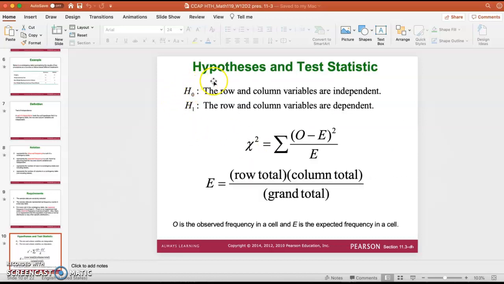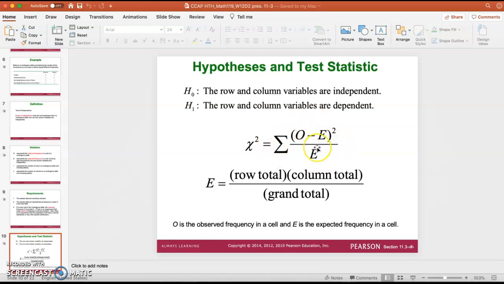The way the hypotheses and test statistics work out for these types of tests is that the null hypothesis is always going to be the same: the row and column variables are independent, and the alternative hypothesis is that the row and column variables are dependent. To find the test statistic, it's the same way as we did for the previous section: we take all the observed values and subtract the expected values, get those differences, square them, divide those differences by the expected value, and then add all of those up.